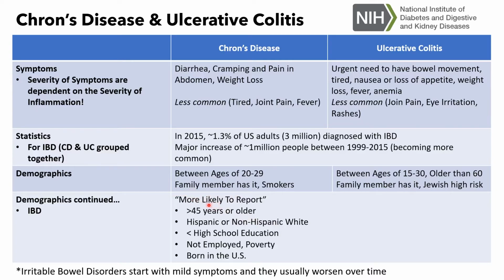And so then we'll see the demographics of IBD in general, and this is what I was saying is a little contradictory. You'll see that overall, people diagnosed with IBD are more likely to be over the age of 45, Hispanic or non-Hispanic white. They have less than a high school education, and they're not employed, impoverished, and they were most likely born in the U.S. So we'll see here there are definitely some socioeconomic issues, right? That could speak to access to quality food, maybe as far as education goes, just a general understanding of nutrition and diet.